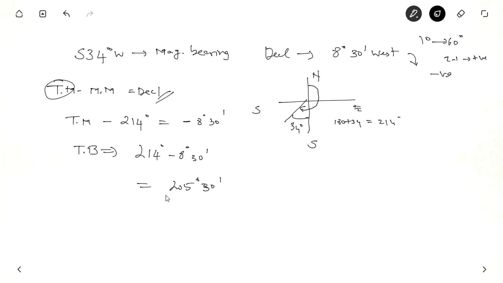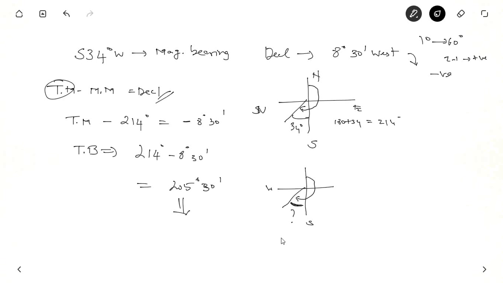Now we have to again convert this into reduced bearing to know the answer. So it is 205, it is greater than 180, 90, 180 and 205. So whole circle bearing will be 205 degree and 30 minutes. So you want to know the reduced bearing. It is in southwest.